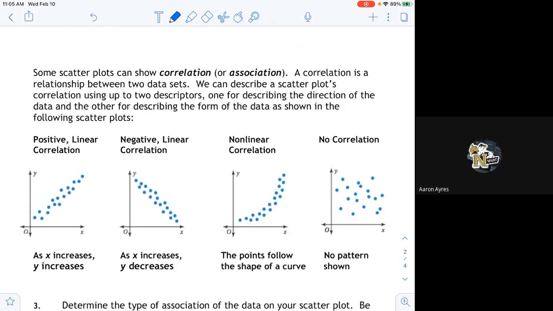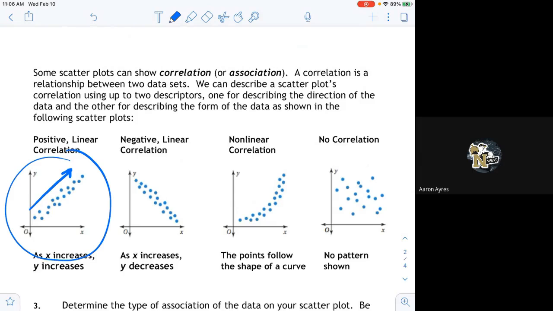Look over here at this first example. This is a positive direction because the data goes from lower left to upper right. Does that make sense? Just like a straight line does, what we've been talking about in the last topic.